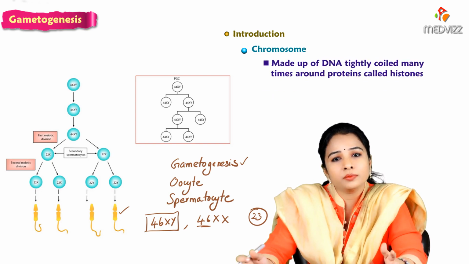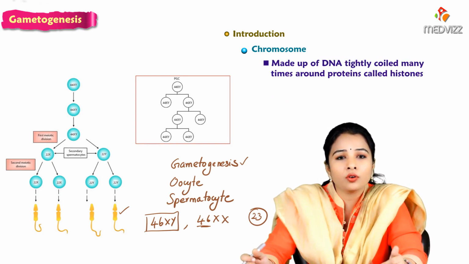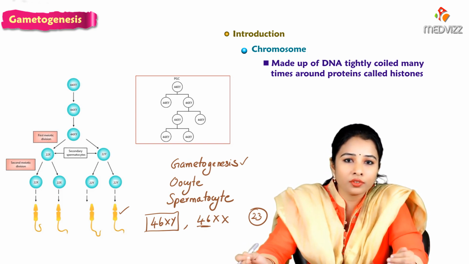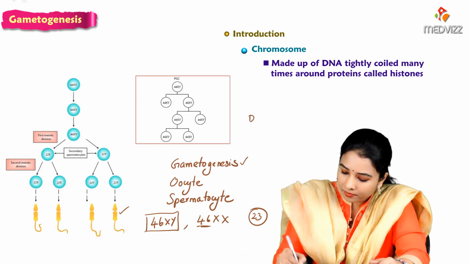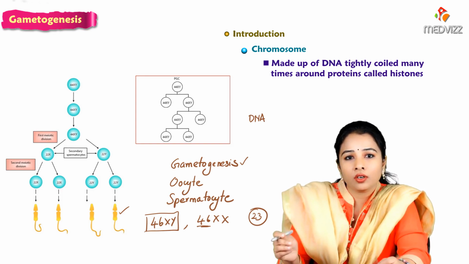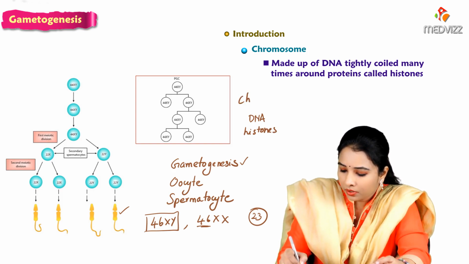Each chromosome is made up of DNA, tightly coiled many times around proteins called histones, which support the structure of the chromosome. So that is about the chromosomes.